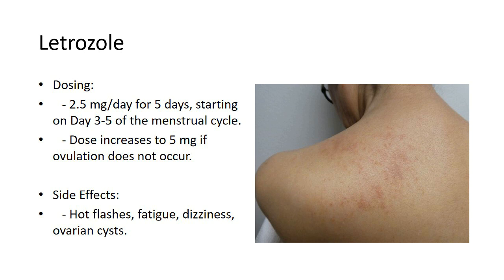Ovulation occurs approximately 7 days after the last dose. Success rates: ovulation rate 75 to 85%. Pregnancy rate per cycle approximately 20 to 25%, with higher live birth rates compared to clomiphene in PCOS.